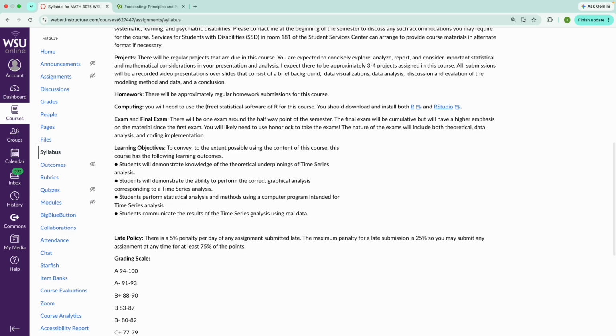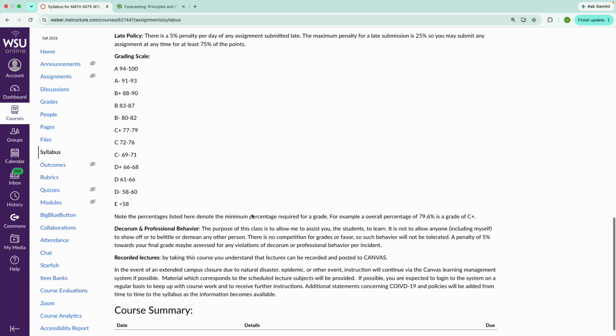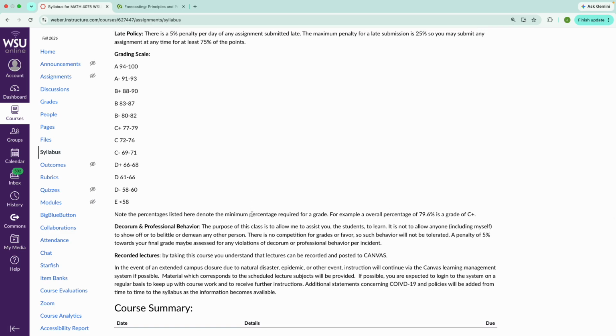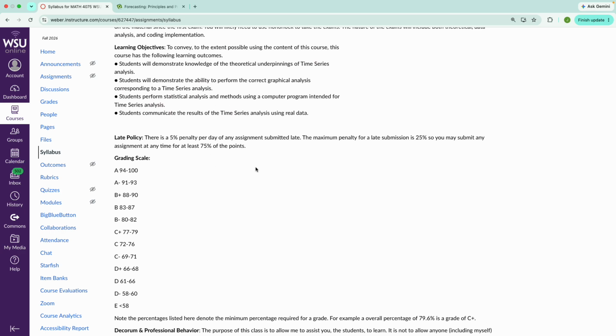We have learning outcomes listed here, and then your final grade is calculated according to this percentage. Now, in terms of late work, you should always turn in your homework, but the sooner you turn it in, the better. There's a 5% late penalty per day.